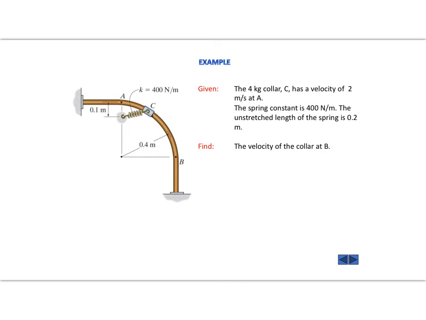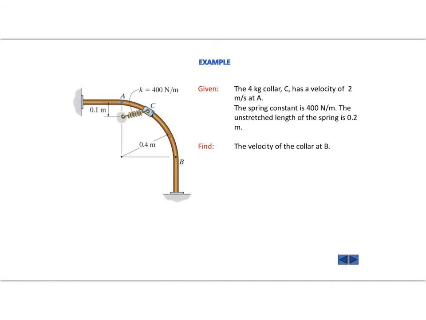All right, so in this problem, this was kind of weird, but we have this 4 kilogram collar, which is this thing right here, and it has a velocity of 2 meters per second at point A. Now, it doesn't actually show it at point A, but that's where we're starting.